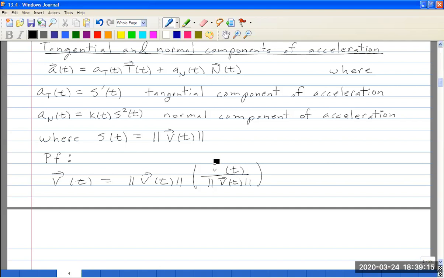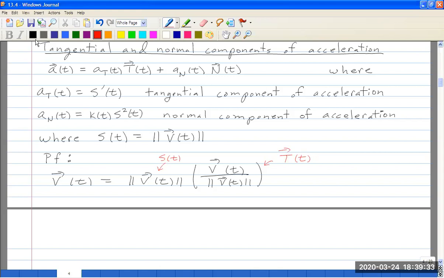So this here is s of t, and this, in parentheses, is the unit tangent vector.